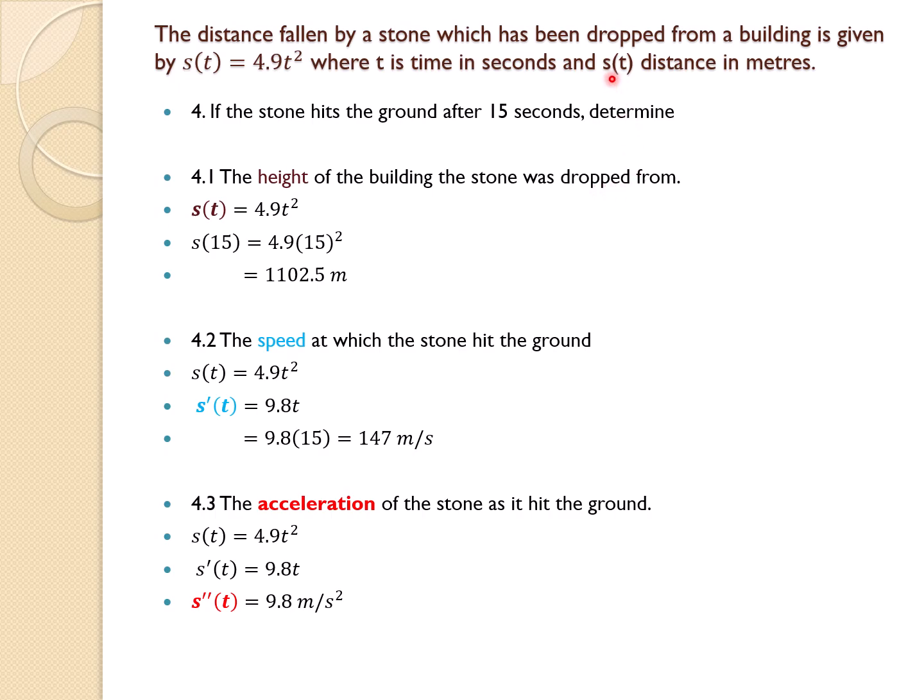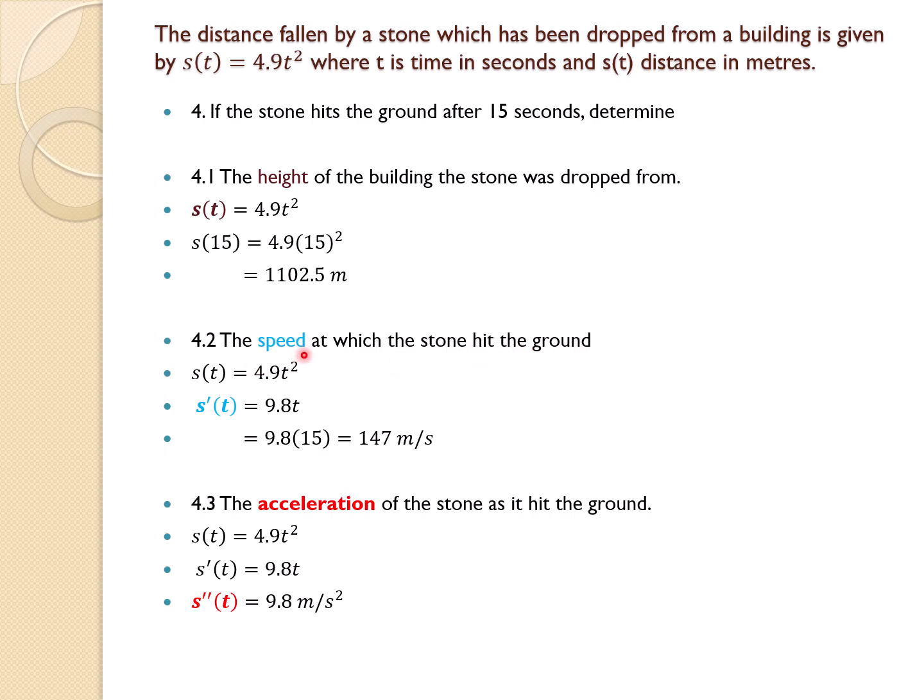Height is directly related to the distance s(t), so s(t) is 4.9t squared. Substitute in 15 squared, 225, times 4.9. So the stone all in all fell 1102.5 meters.